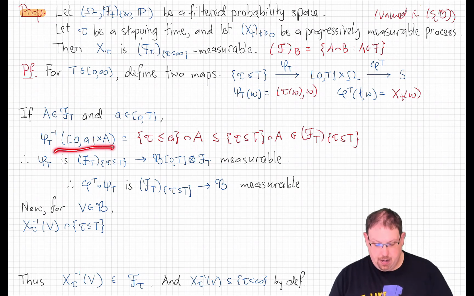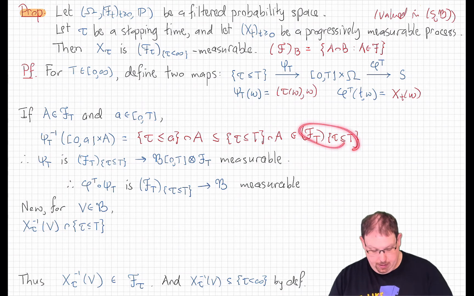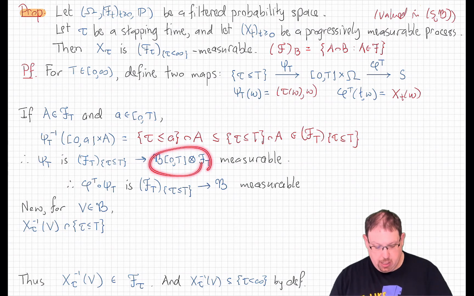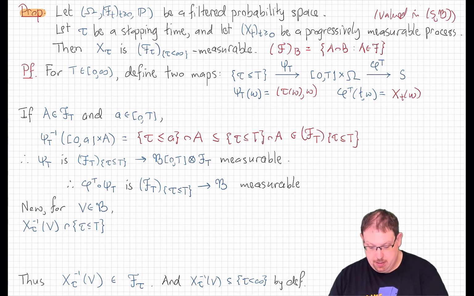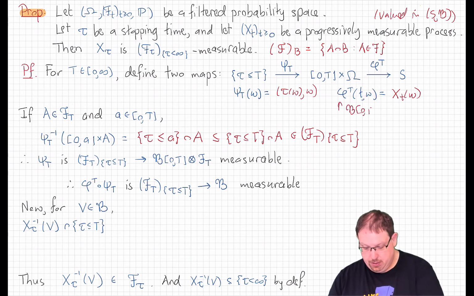Since that holds for every capital A, what we've shown is that this map, psi_t, is measurable from this sigma field into this one, which is generated by sets of this form. Now we'll use progressive measurability, which is the statement that this function here is measurable from the Borel sigma field on 0 up to t, product with F_t, into the state space sigma field.